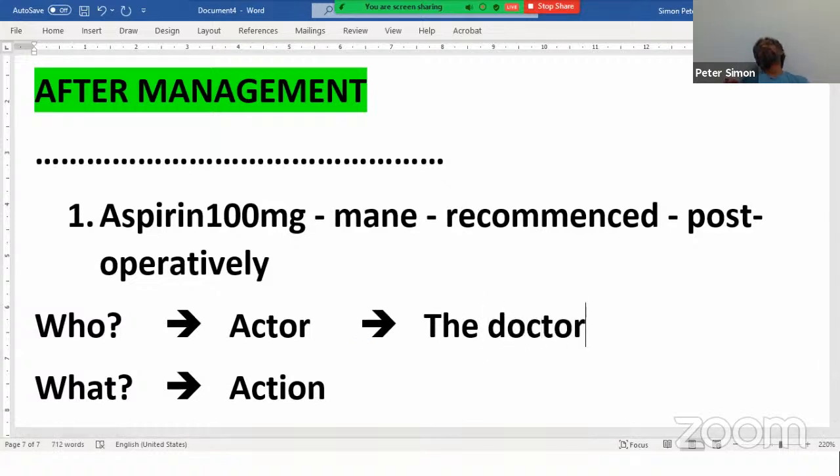The doctor is the actor. Recommencement is the action. Recommence. That is what happened.